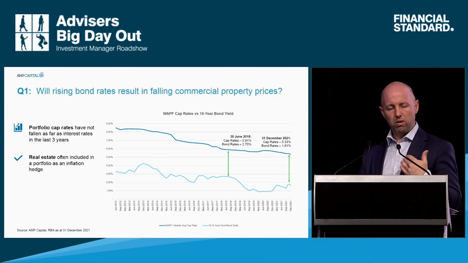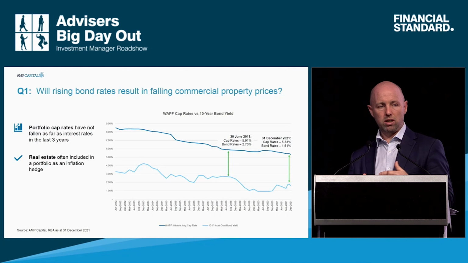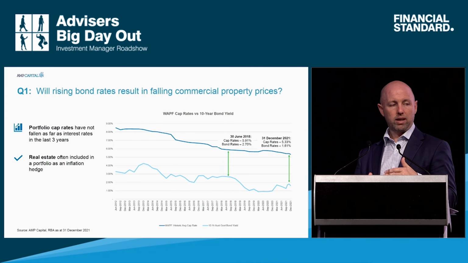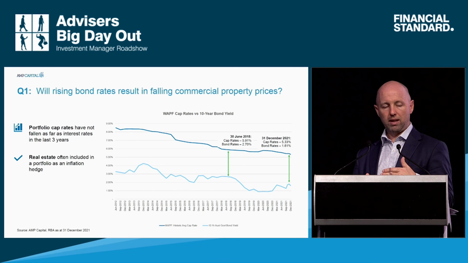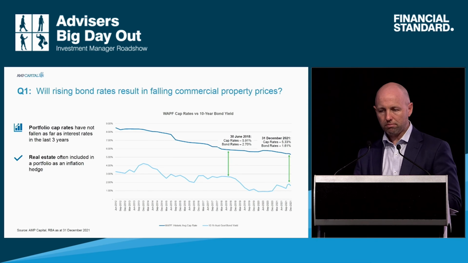With the cap rates, there's a margin applied to that yield, or a spread. And so it's not necessarily the case that just because interest rates move, cap rates move. They tend to move in the same direction, but equally they can move independently of each other, in which case the spread will either get bigger or smaller.